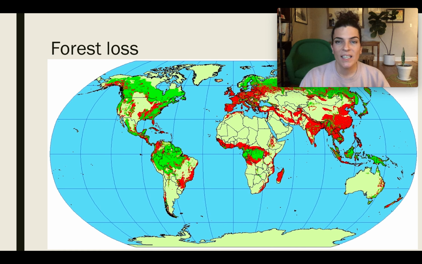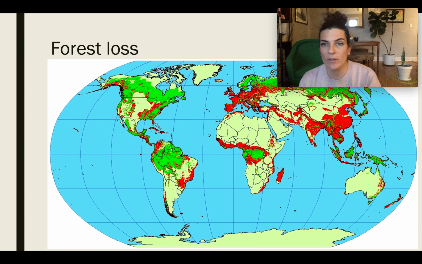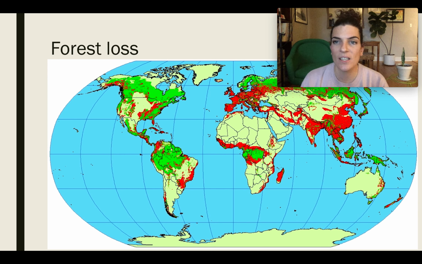Some of it is being deliberately destroyed even still today, for example in the Amazon, in the Congo, and in equatorial Asia, or Indonesia and Malaysia, the islands of Borneo and Sumatra, etc. Across the United States and Europe, a lot of this forest was lost 100, 200 years ago, as population expanded in the industrial and medical revolutions.